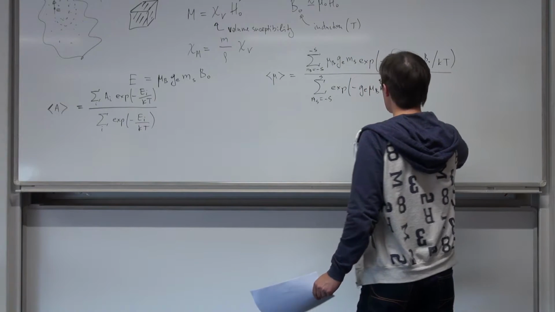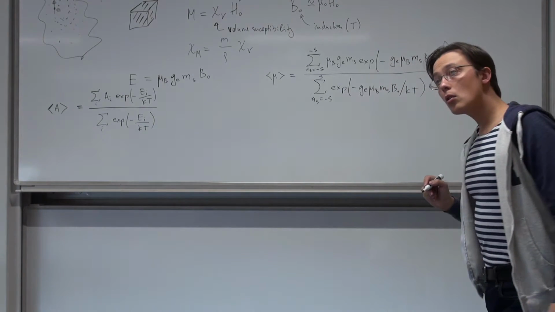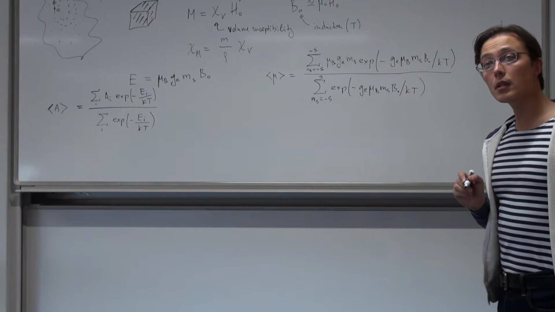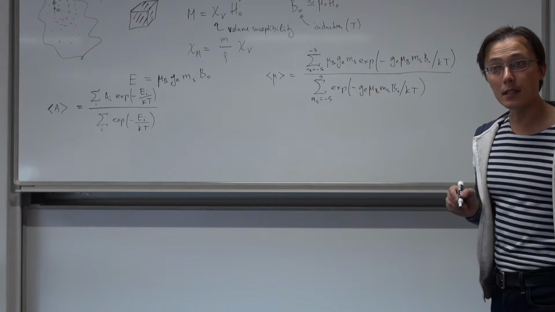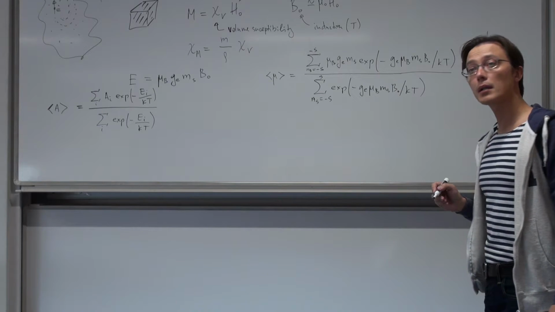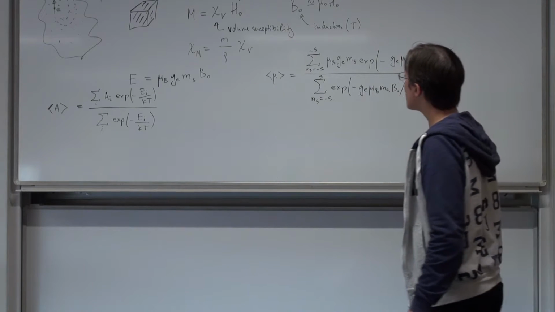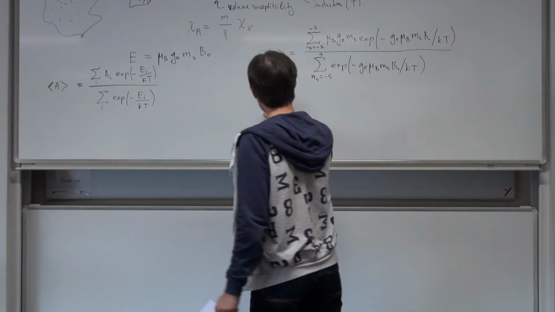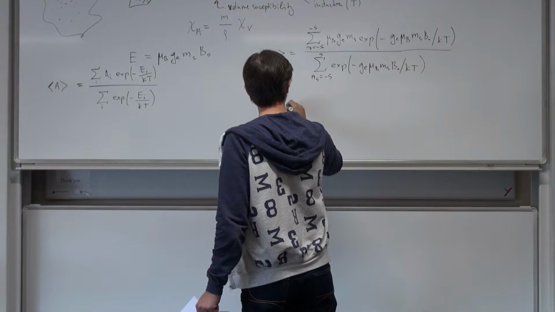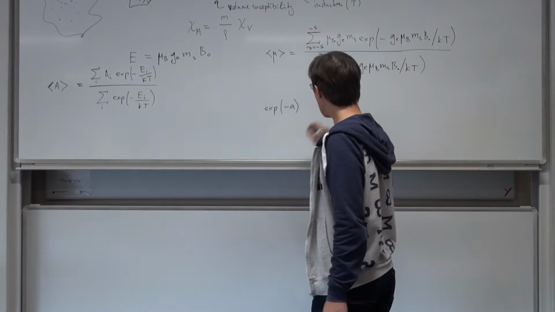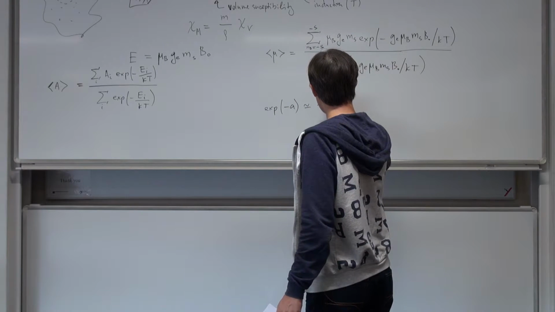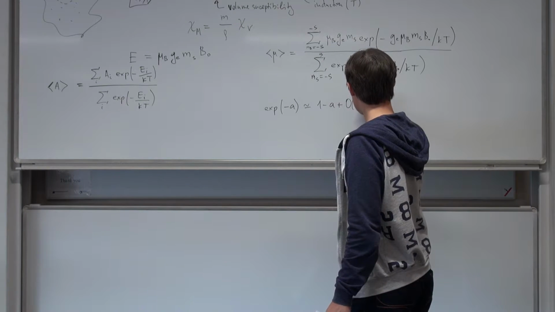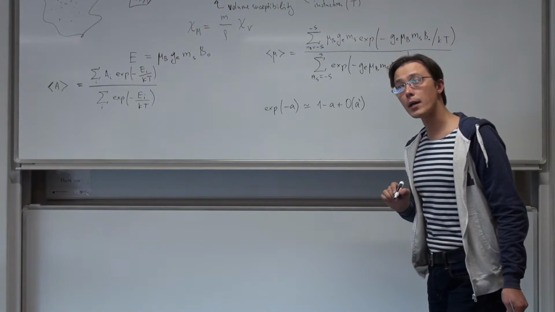Now, as you know, our interactions in magnetic resonance are very weak. In particular, they are usually much smaller than kT. This is still the case in moderate magnetic fields in EPR spectroscopy. And so we can approximate our exponential in the usual way, that an exp of minus a small number is approximately equal to 1 minus that small number plus something of the order of that small number squared.